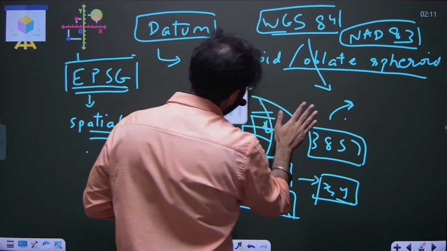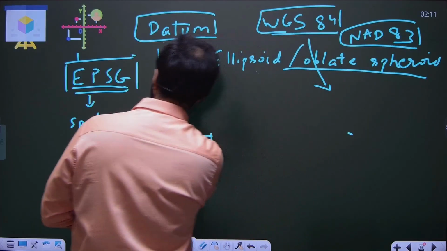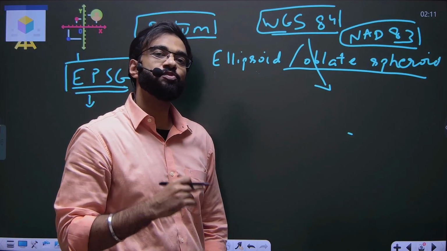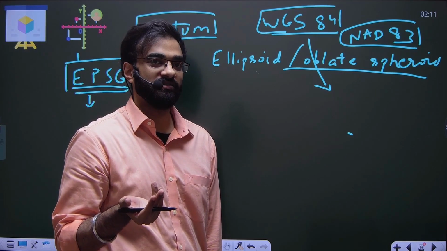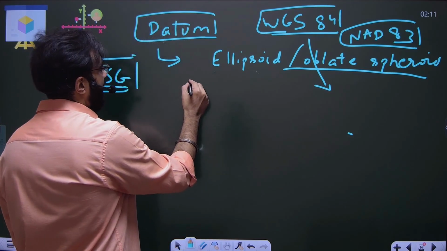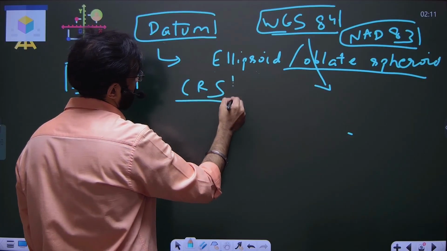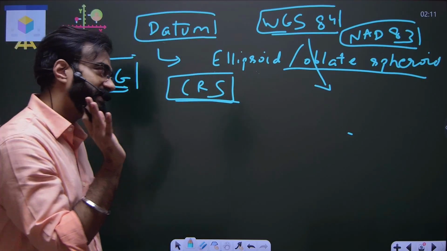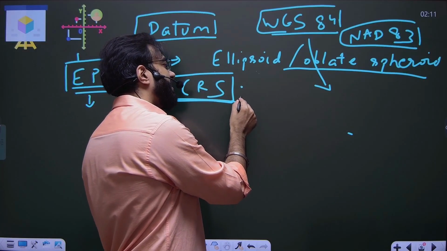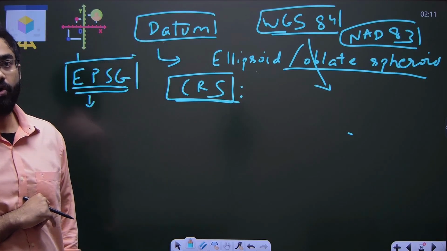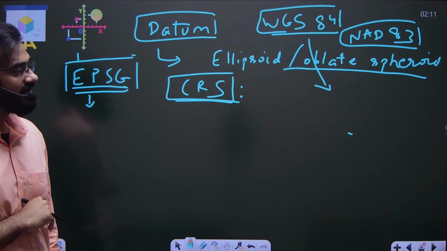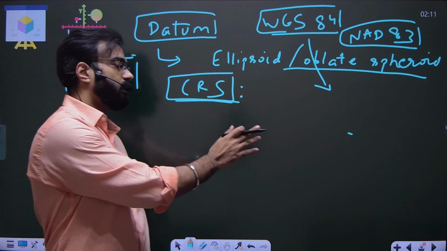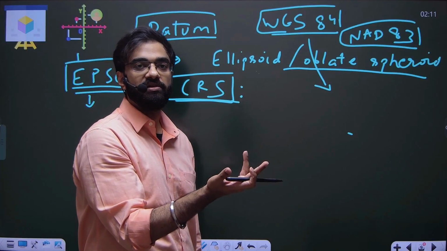Now, when we combine all this, we get the complete address of a particular spatial data, okay, a location. So that is known as CRS, Coordinate Reference System. How do we define it? It is a mathematical framework for defining the address or the size or extent or the location of a particular spatial data.